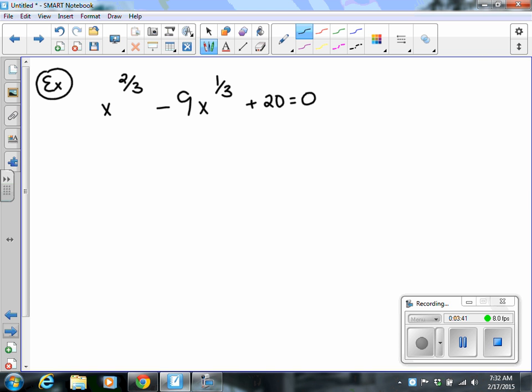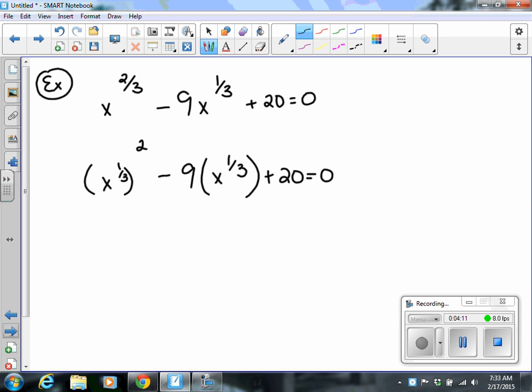Okay, so this one I'm dealing with fractions. I know that it has to be something squared on the outside. Well, in order to get 2/3, it's going to be a 1/3 inside. Remember, when you have an exponent to a power, you're multiplying. So it would be 2 times 1/3 to give you that 2/3. So then minus 9, x to the 1/3 plus 20 equals 0.